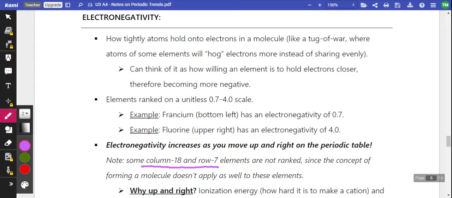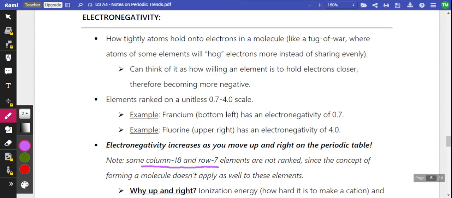Same goes for some of the elements in row 7, especially the elements that we're still working on discovering. Essentially, these are synthesized by bashing particles together and getting them to show up for a fraction of a second. So we don't really have the time to get them to bond to something else and see how they share electrons. We barely get them to show up in the first place.